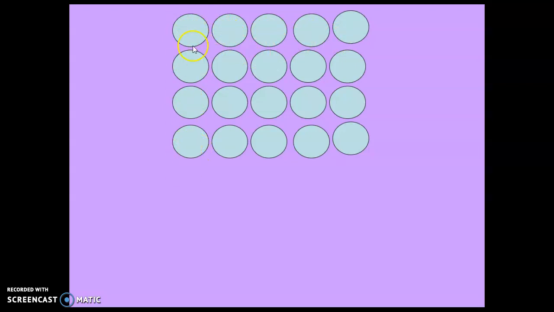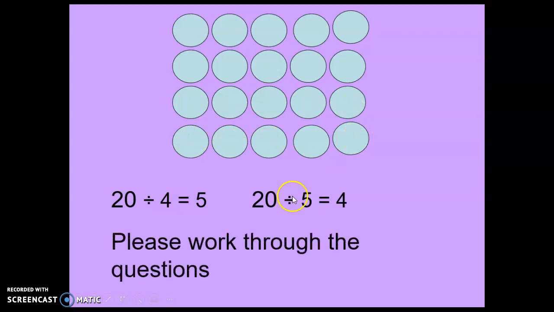Or if we were looking vertically, we've got 20 into groups of 4, and we've got 1, 2, 3, 4, 5 of them. So we've got 20 divided by 4, in groups of 4, equals 5. And 20 in groups of 5, and we've got 4 of them.